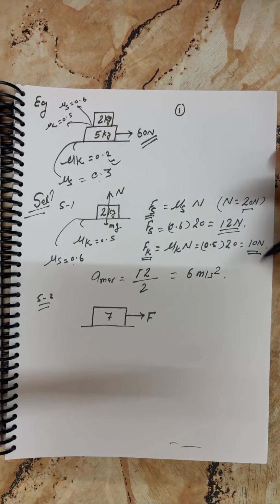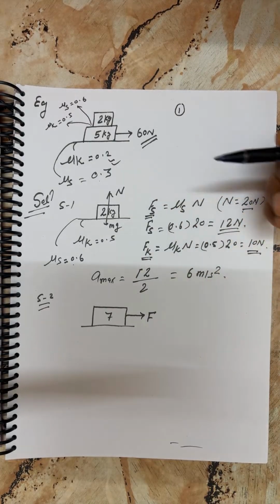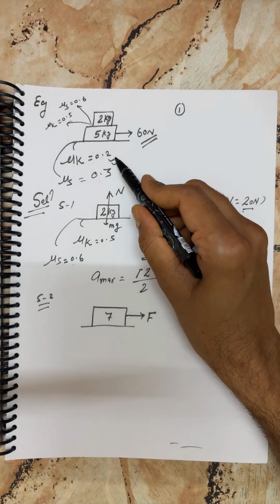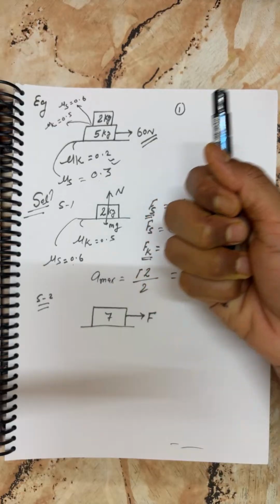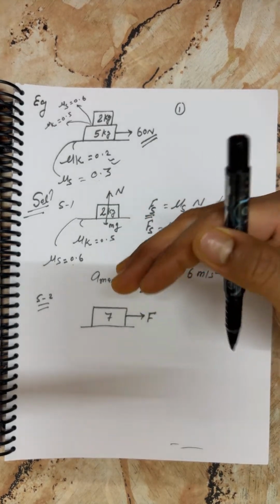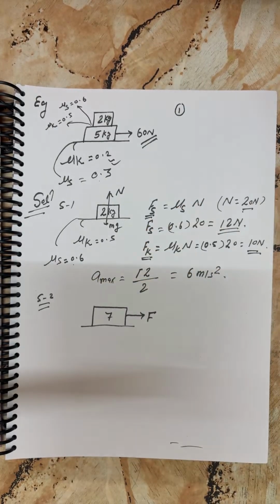Keep it in your mind. Again, I'm repeating, because it's a confusing point which I got from a student. Usually they ask in the classroom physically, but because you are not in front of me, I'm revising the same concept more than one time, my dear. So I'm taking mu k because the system is in motion, and if the system is in motion, kinetic friction will work.